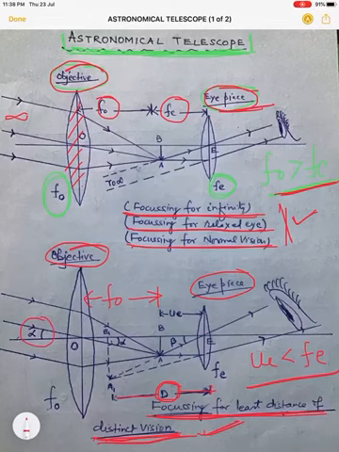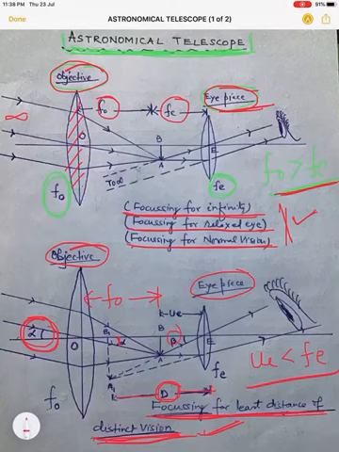Alpha is the angle subtended by the object on the objective lens. If this angle is alpha, this opposite angle is also alpha. So in triangle ABO, we can write tan alpha is equal to AB upon OB. That we will use in the expression.